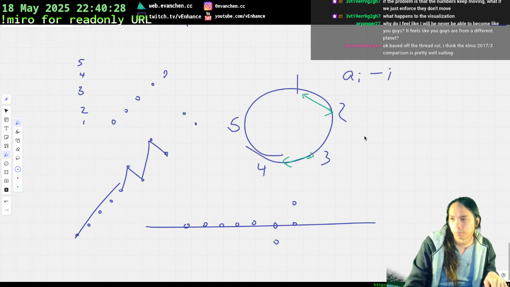Or I should look at something like that. I look at a_i minus i instead. Then what does the condition end up being?